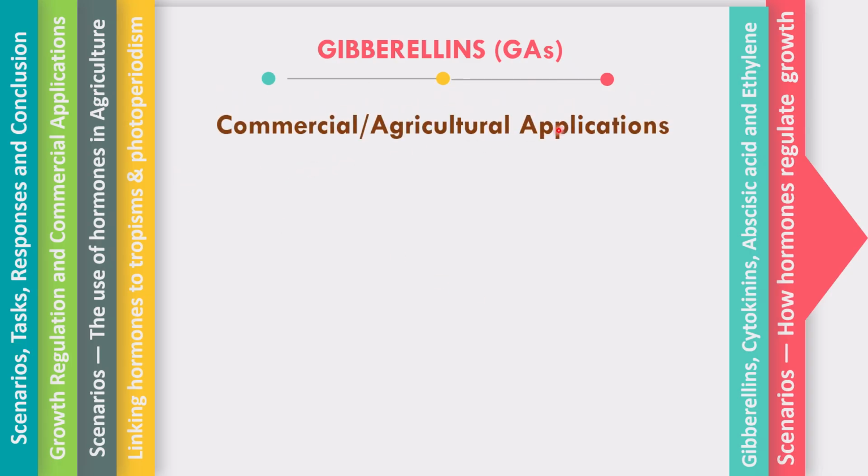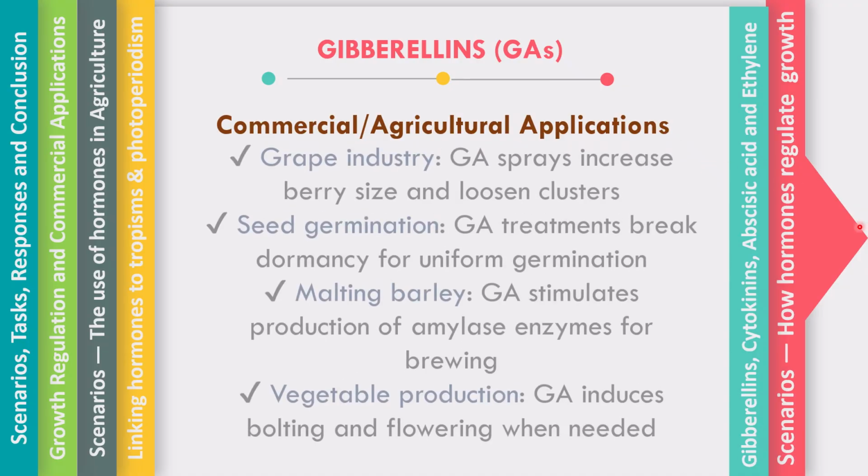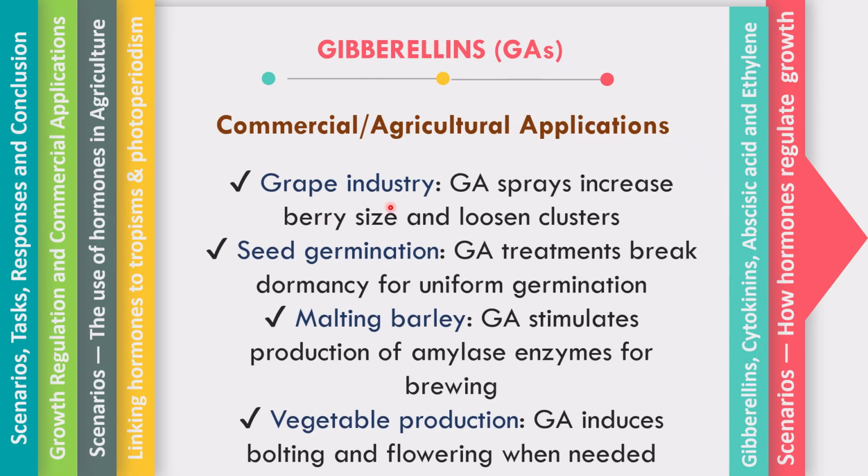Commercial agriculture applications of gibberellins. In the grape industry, gibberellin sprays increase berry size and loosen clusters. In seed germination, gibberellin treatments break dormancy for uniform germination.